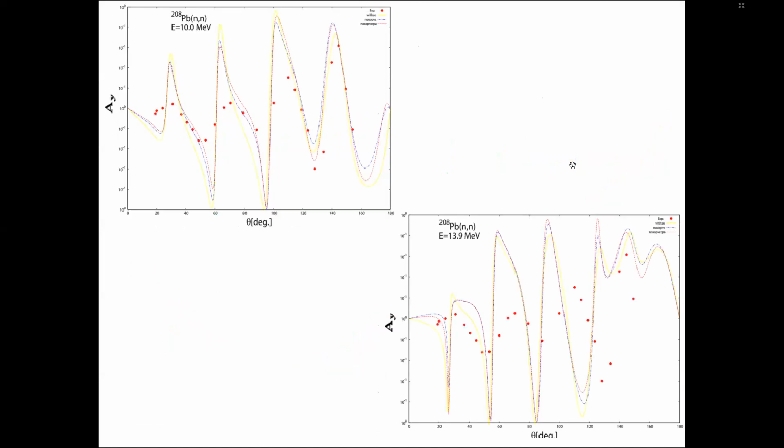And for analyzing power, you can see that when taking into account the spin-orbit term, it doesn't change much. So at this moment, I think that the spin-orbit term is not so important in the microscopic calculation to describe the elastic scattering nuclear reaction observables.